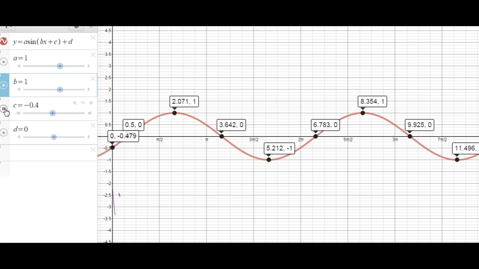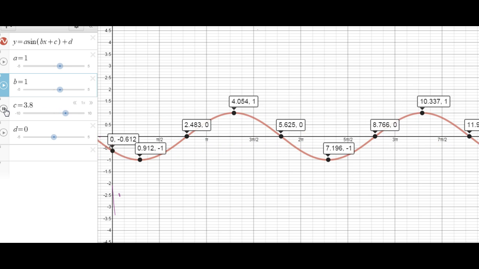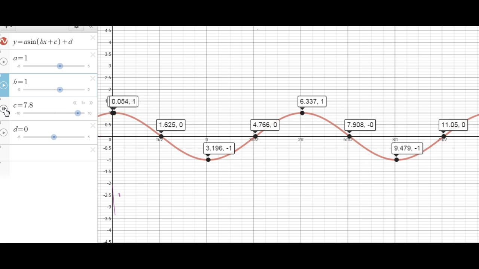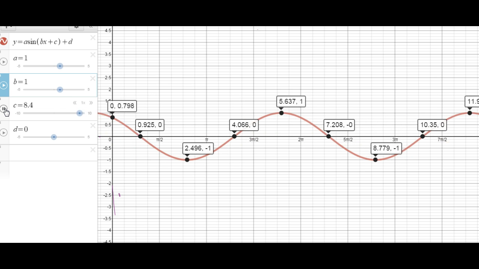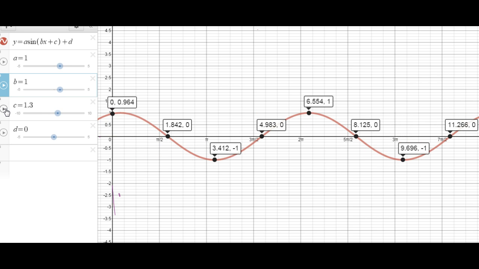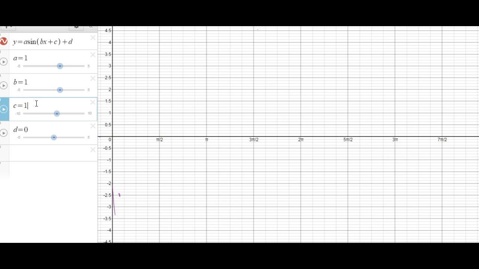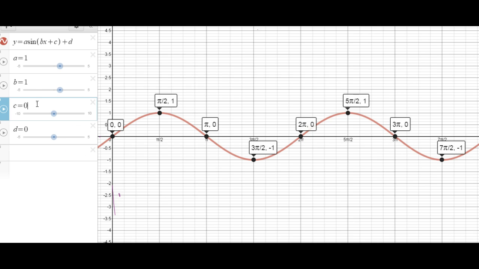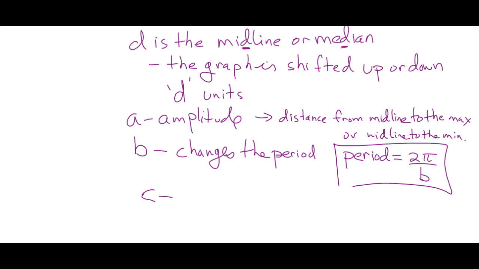So C is horizontal. It's a left or right. Shifting it to the left or to the right. It's got a special name. It's called a phase shift. Okay, I'm going to reset that to 0. So C is the phase shift. C, phase shift.